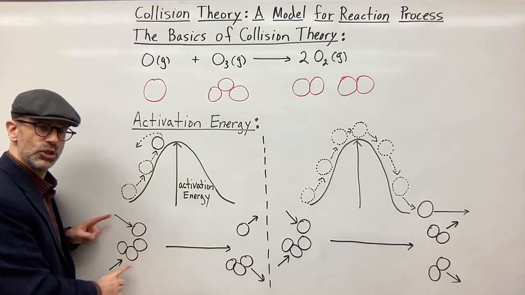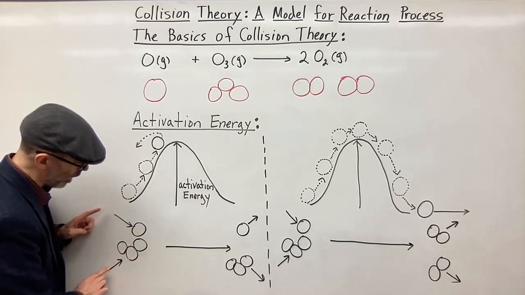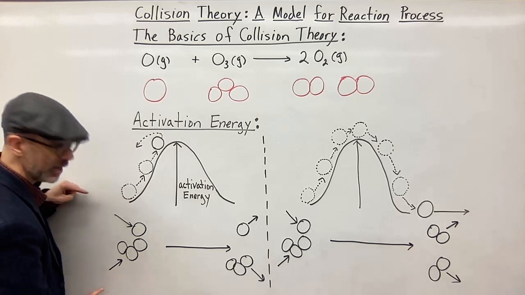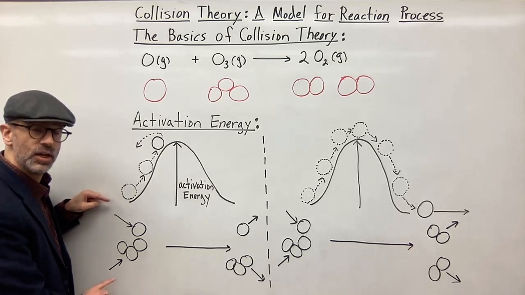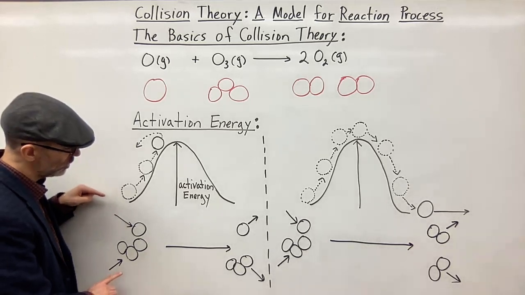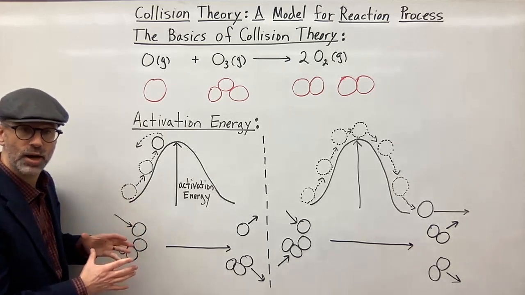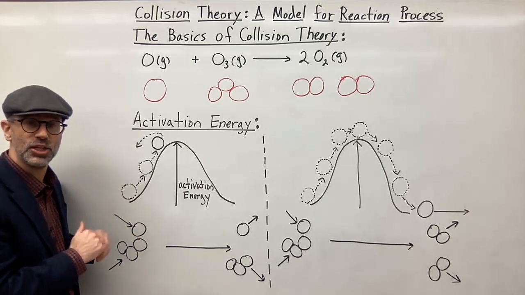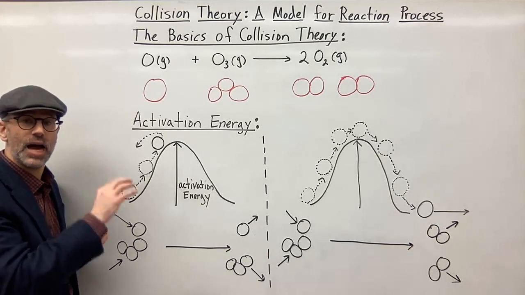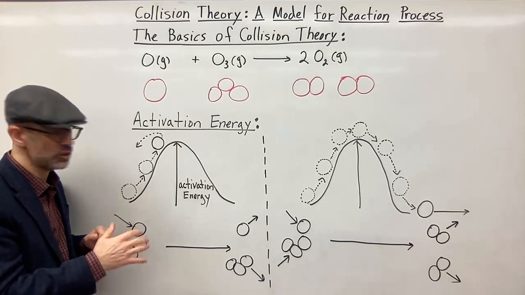So this ozone molecule is going this way, this oxygen atom is going this way, they have to be moving with enough speed and enough energy such that when they collide, they'll form products. They'll get to that activation state, or that activated complex, or the transition state.